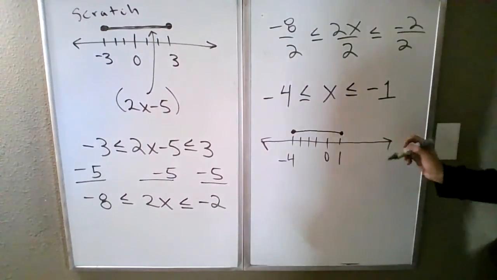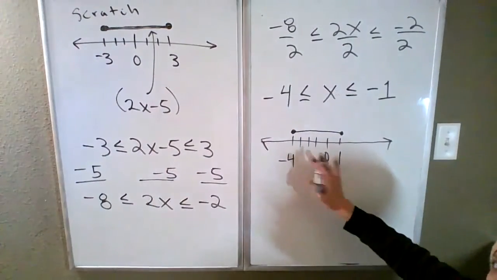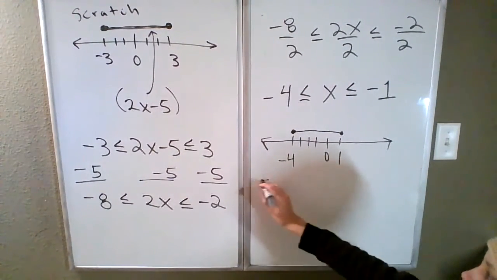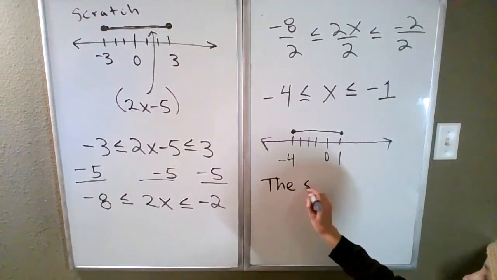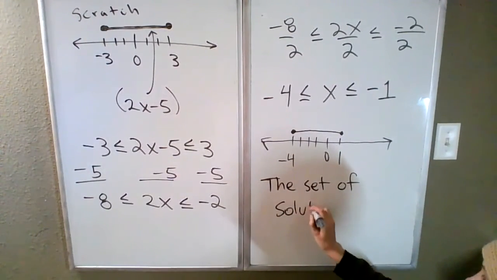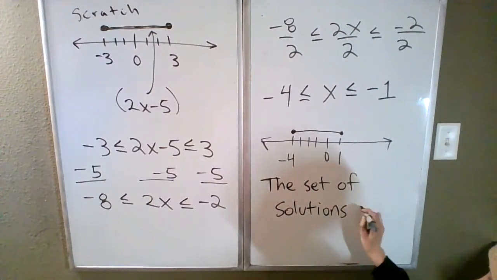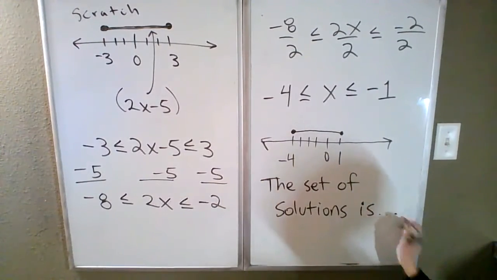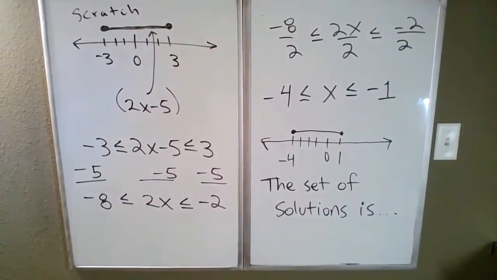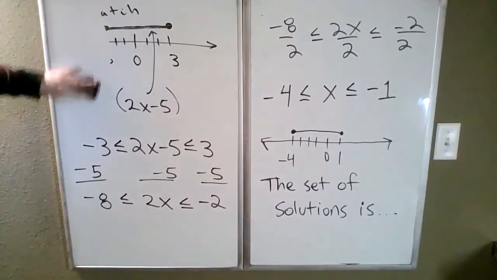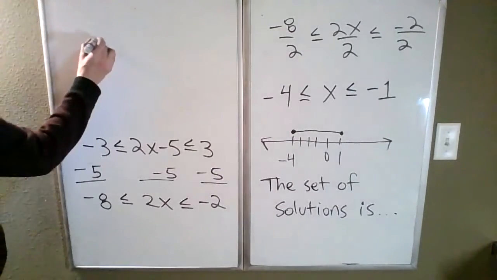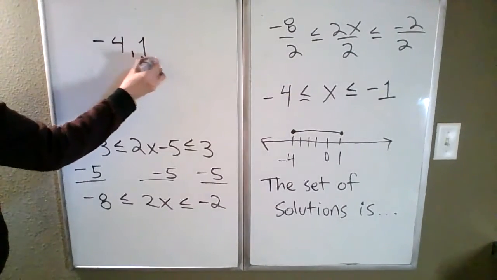And the last way to answer it is as a set. In interval notation, you have your smaller number over to your larger number. Okay. -4 to +1, and you can include both of the ends with the square bracket.